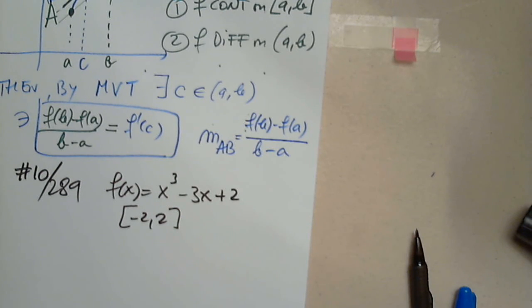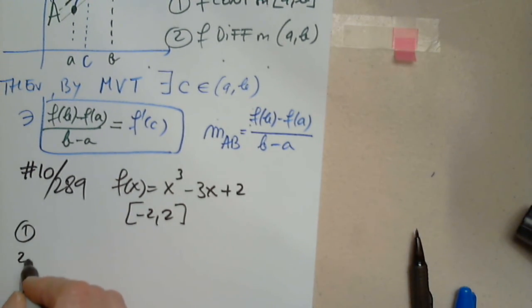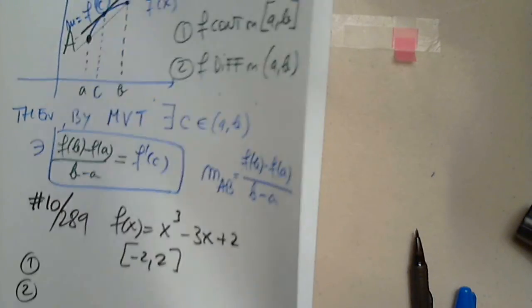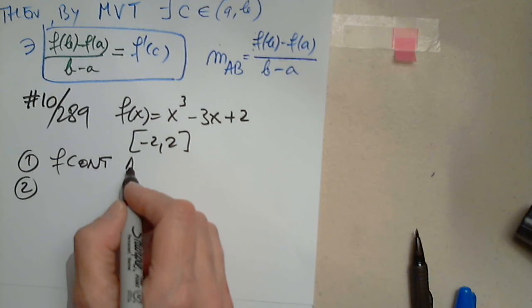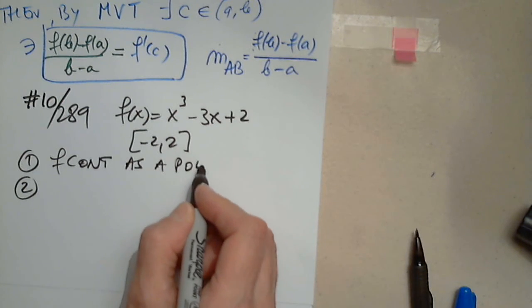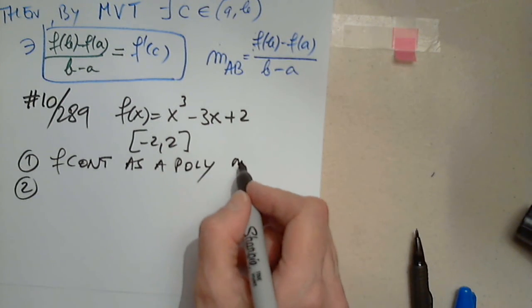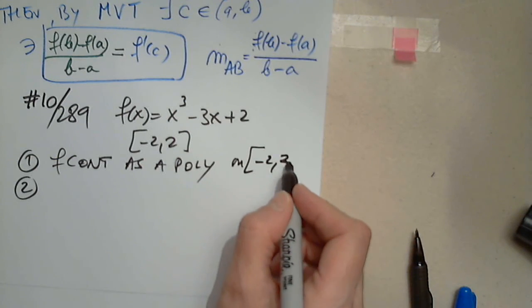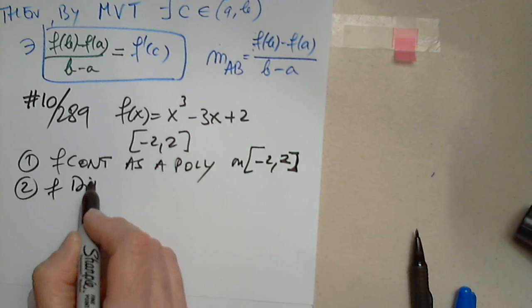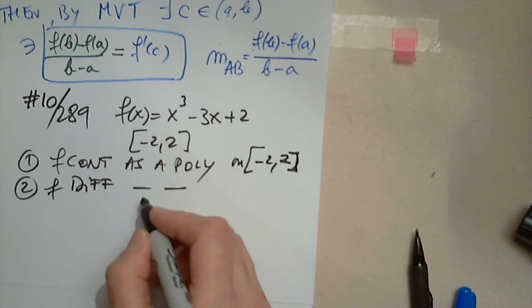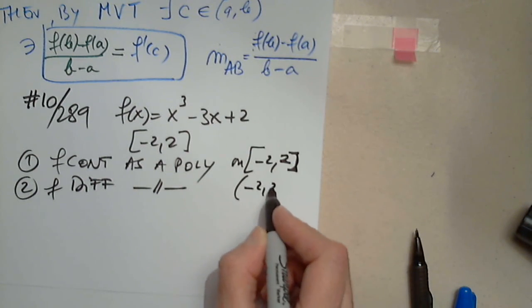Okay, so it's a polynomial function. 1 and 2 are definitely satisfied. So f continuous as a polynomial function on negative 2, 2. And f differentiable for the same reason on negative 2, 2.